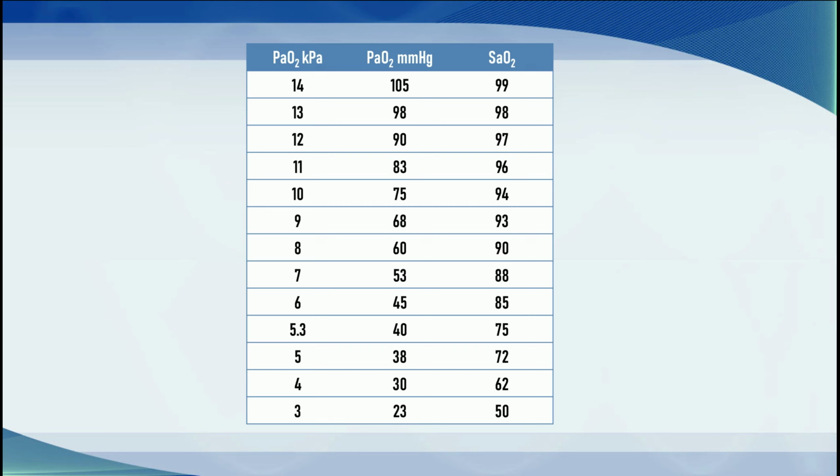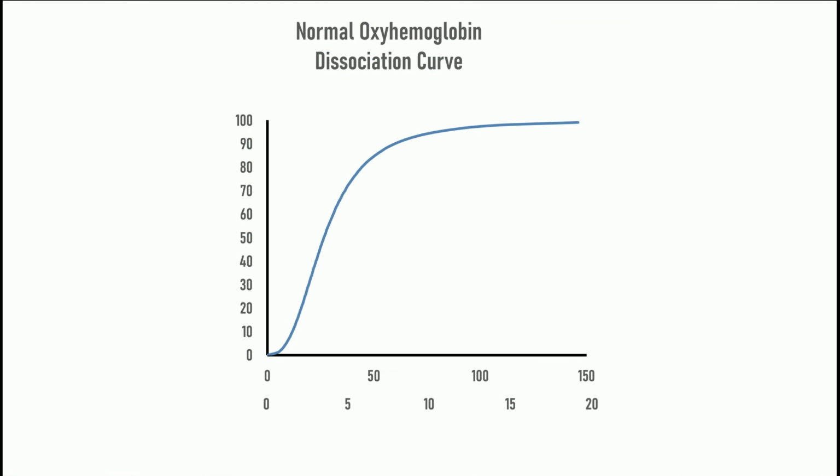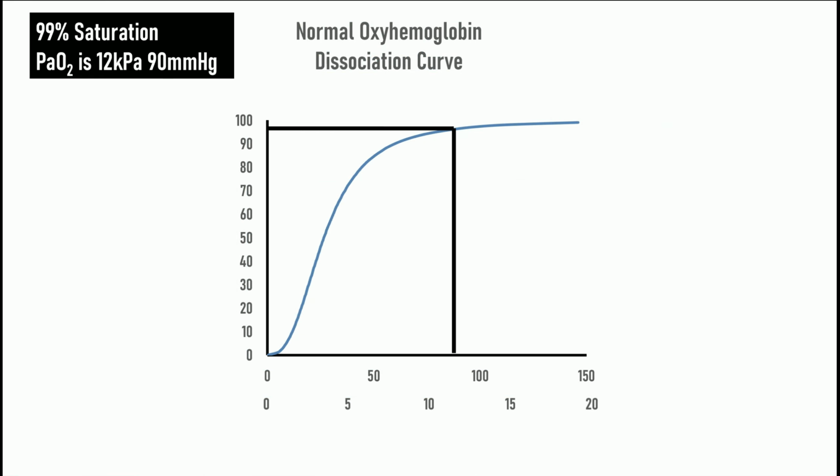These are the normal numbers for the oxyhemoglobin dissociation curve. Note that this is the point where the curve becomes steep, and this is the saturation and content of mixed venous blood as measured in the pulmonary artery. We can now map those numbers onto the curve. At 99% saturation, the PaO2 is 12 kilopascals, 90 millimeters of mercury.